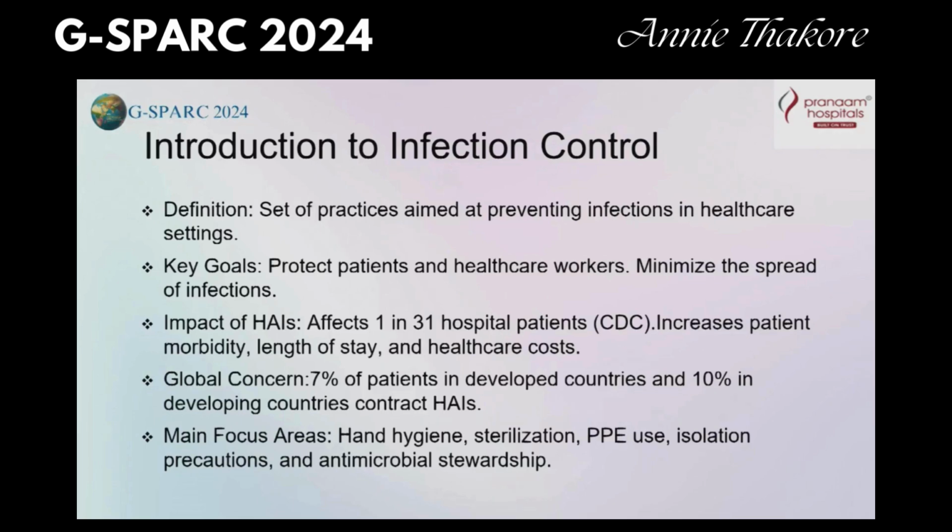Globally, 7% of patients in hospitals in developed countries and 10% in developing countries are affected with HAIs. The main focus is simple things: hand hygiene, sterilization, PPE use, isolation precautions, and antimicrobial stewardship.